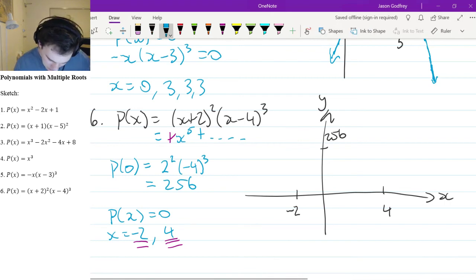I think that's actually shorter than the distance to 4 on the x-axis. So if we're starting at the top right, and what's the behavior at 4? 4 is a triple root, so that means that we're going to come around.